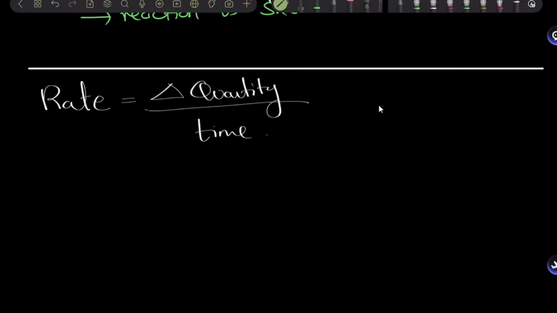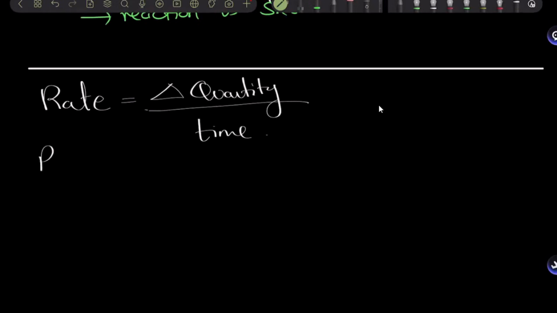Change of any quantity with respect to time, that would give you rate. For example, the distance that you cover per unit time is known as speed. Speed is the change of distance per unit time, or rate of change of distance per unit time. So rate is any quantity with respect to time.